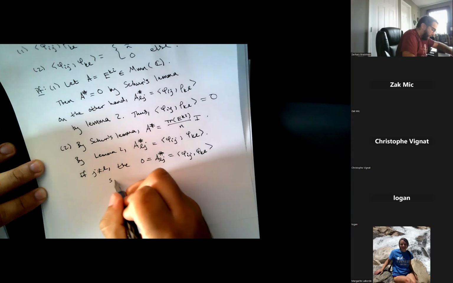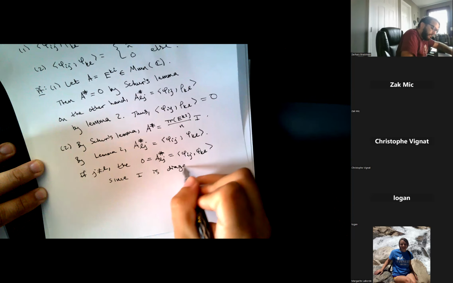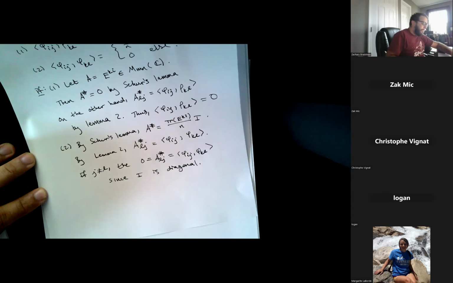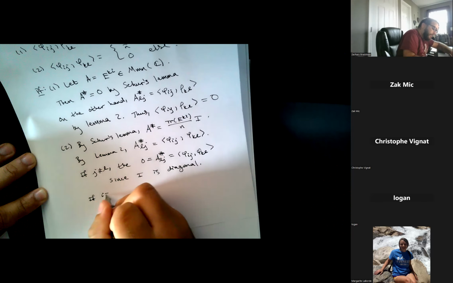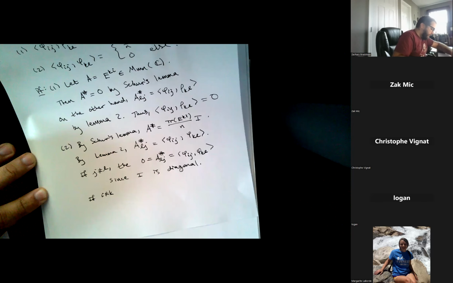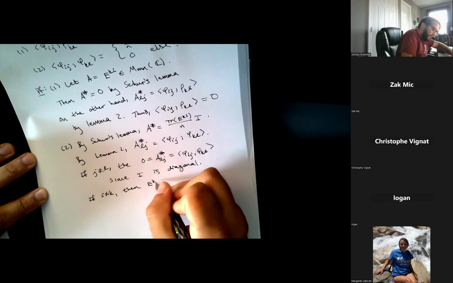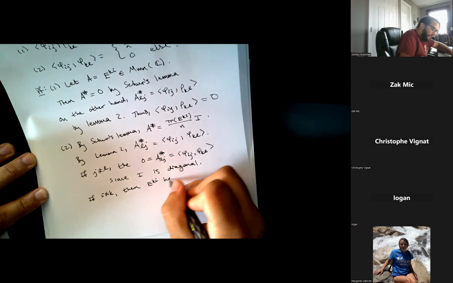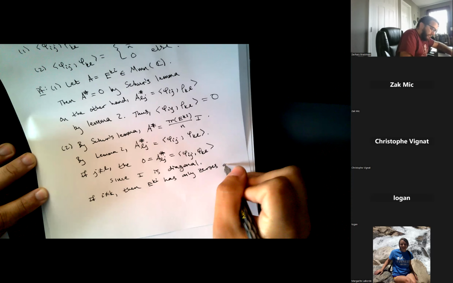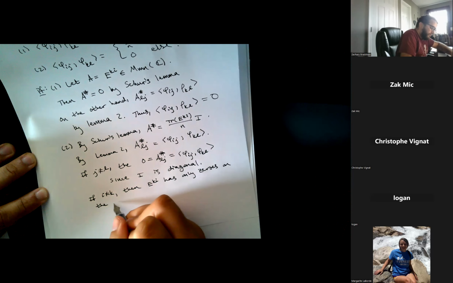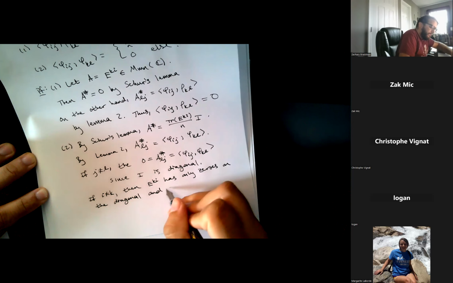This is since the identity is diagonal. If i is not equal to k, well then E_KI has only zeros on the diagonal, and so the trace is 0.